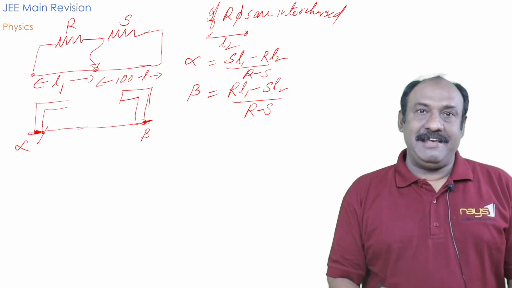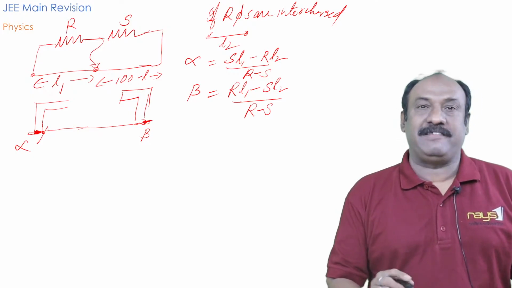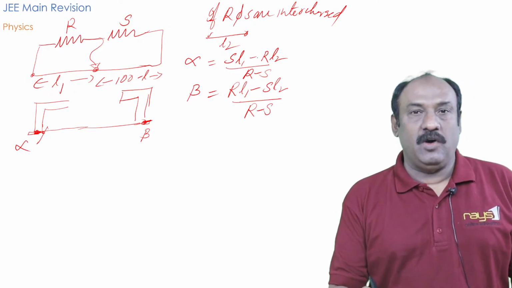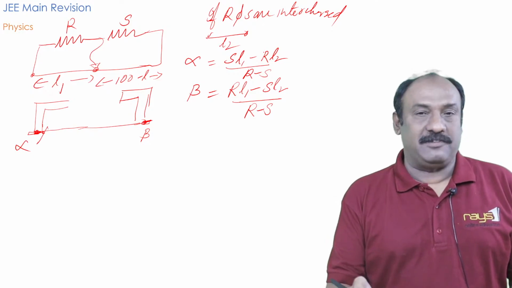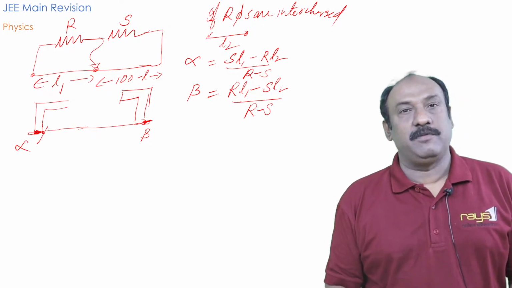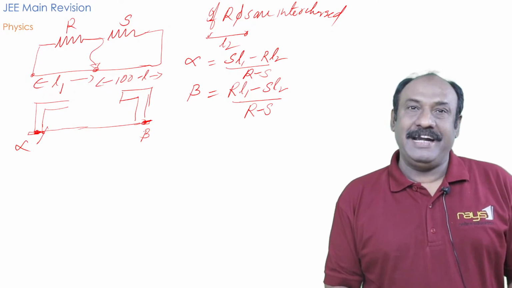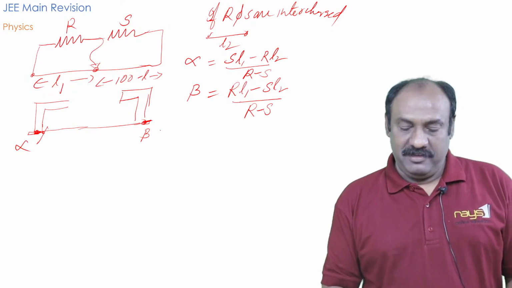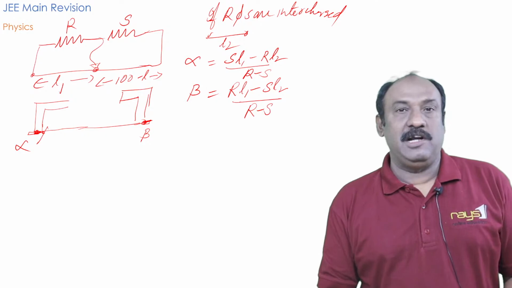So the end correction on the left side is represented by alpha equal to S L1 minus R L2 by R minus S, and the end correction on the right side is represented as beta equal to R L1 minus S L2 by R minus S.